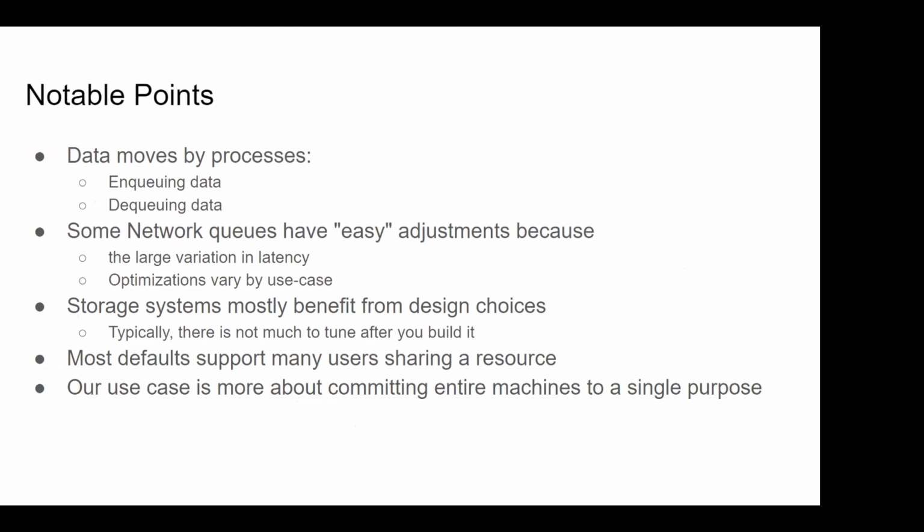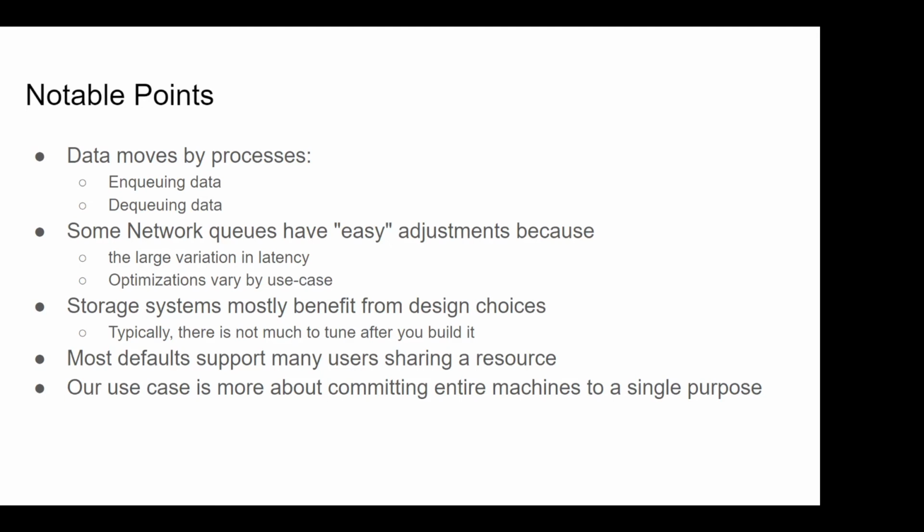Some network queues have easy adjustments because of the large variation in latency on networks, and optimizations vary by use case. Storage systems, on the other hand, mostly benefit from design choices, meaning when you build your storage system, you choose to have dual SAS controllers and 16 terabyte, 10 terabyte drives in parallel instead of a single drive in a laptop.